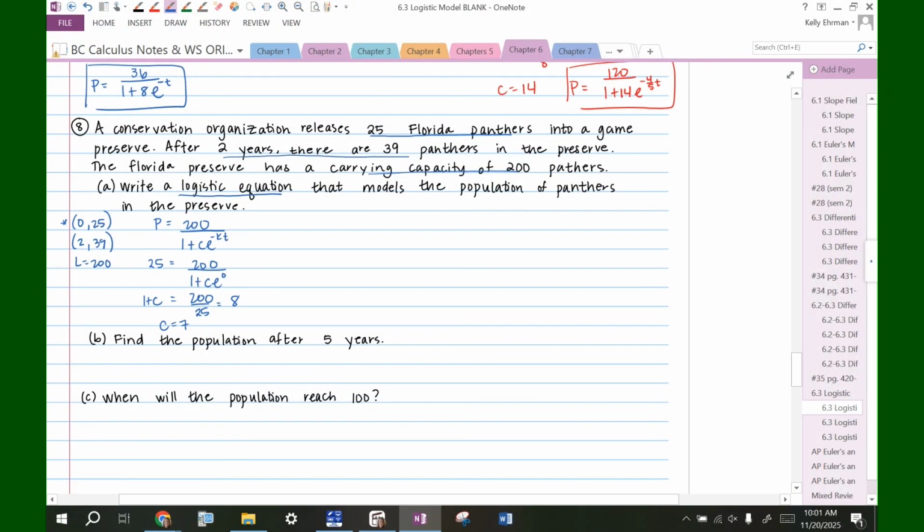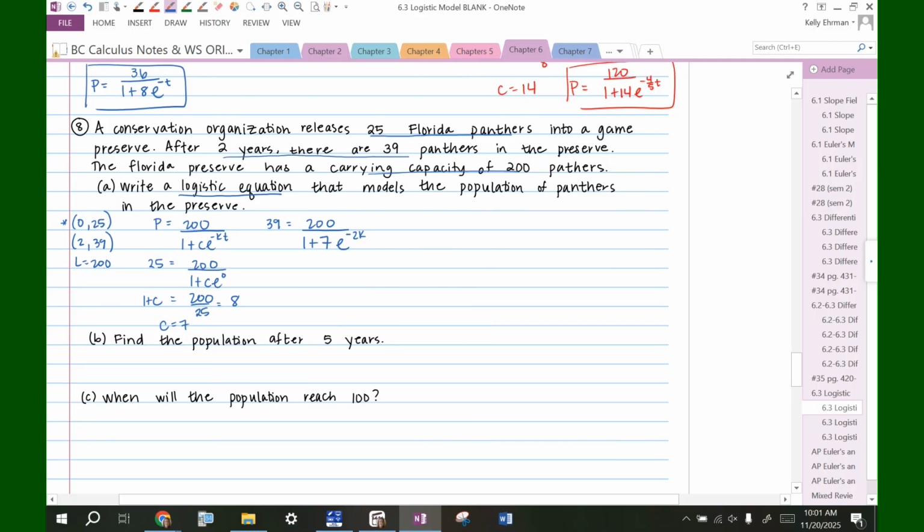So C is 7. And then let's plug in the other condition. So P is 39. That's equal to 200 over 1 plus, now I know C is 7, e to the negative 2 goes in for T, so negative 2K.